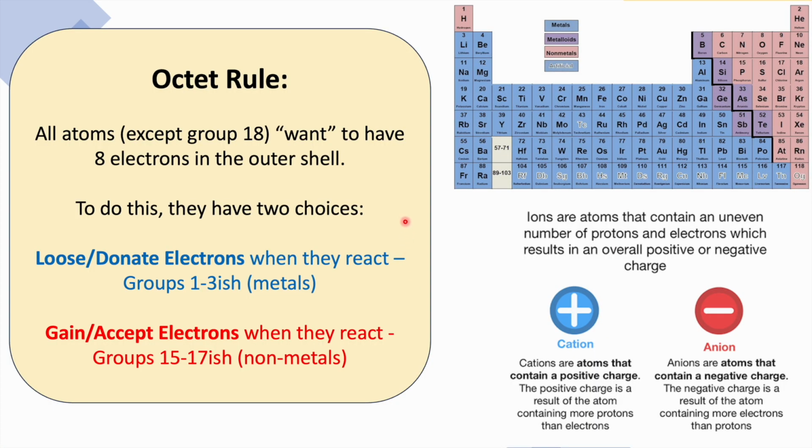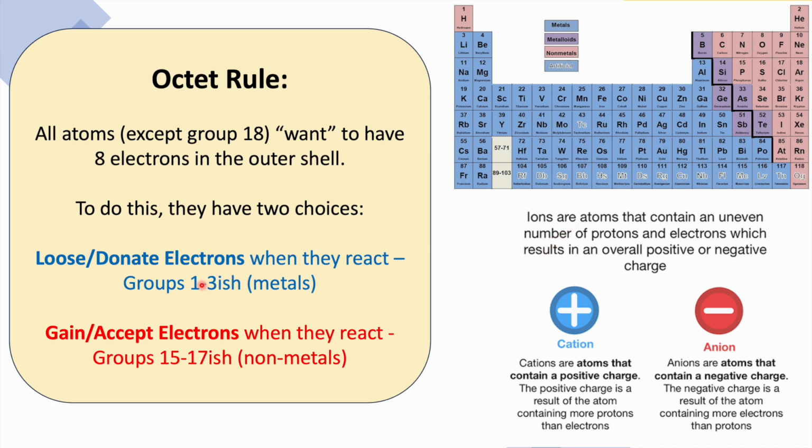Now let's talk about those valence electrons. All atoms, except for group 18, which are here, want to have 8 electrons in the outer shell, or 8 valence electrons. To do this, they have 2 choices. They can either lose electrons, that's the metals, or gain electrons.